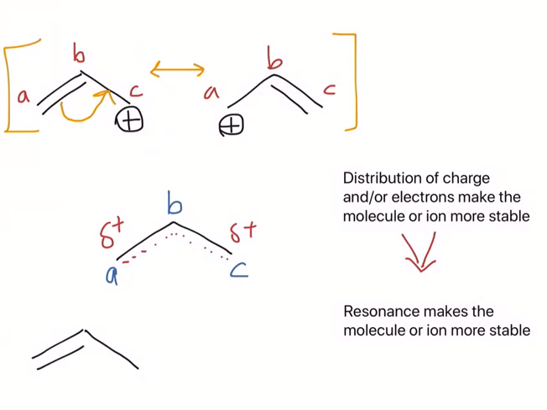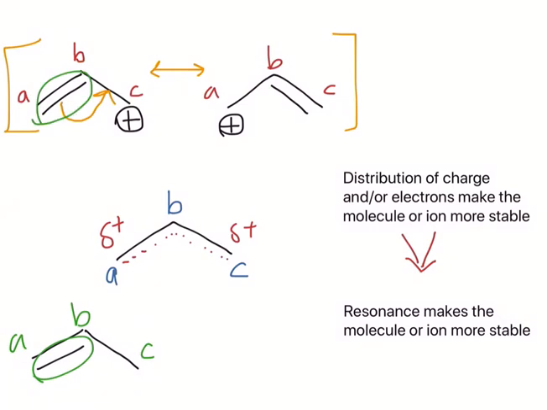Okay, what is the difference between the pi electrons in this carbocation here and the pi electrons in this molecule? These two electrons, the pi electrons in this carbocation, are not always between A and B. They are not localized between A and B, and they can move and be between B and C in the other resonance contributor.